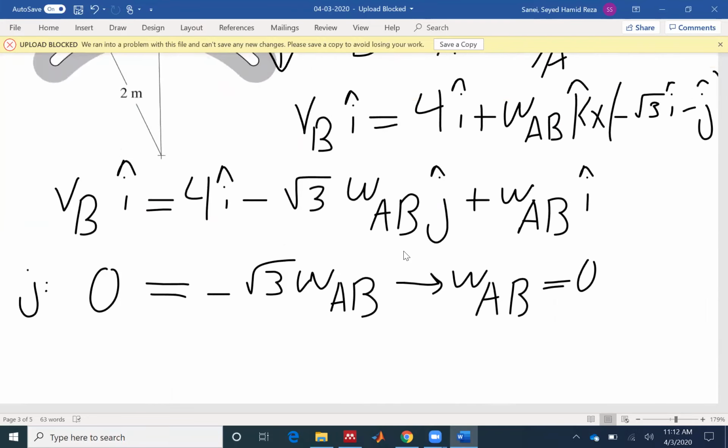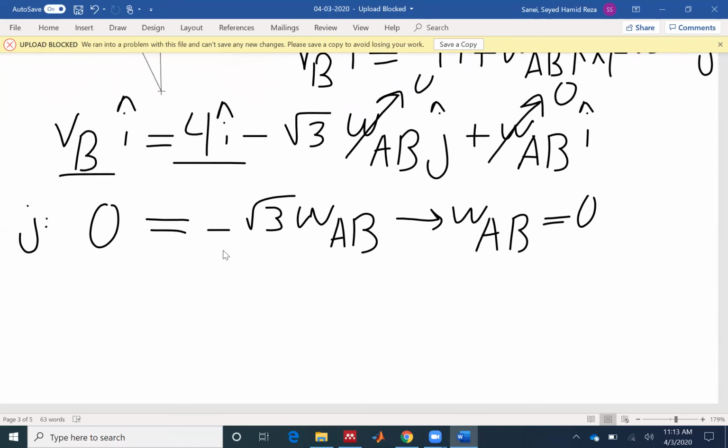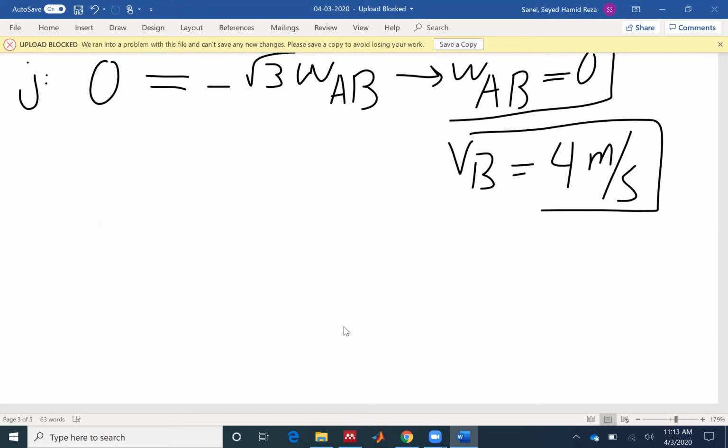Even the equation is telling us that if omega AB is 0, then VB is the same as VA, or 4 meters per second. So we're going to use these two pieces of information when we write our acceleration equation.